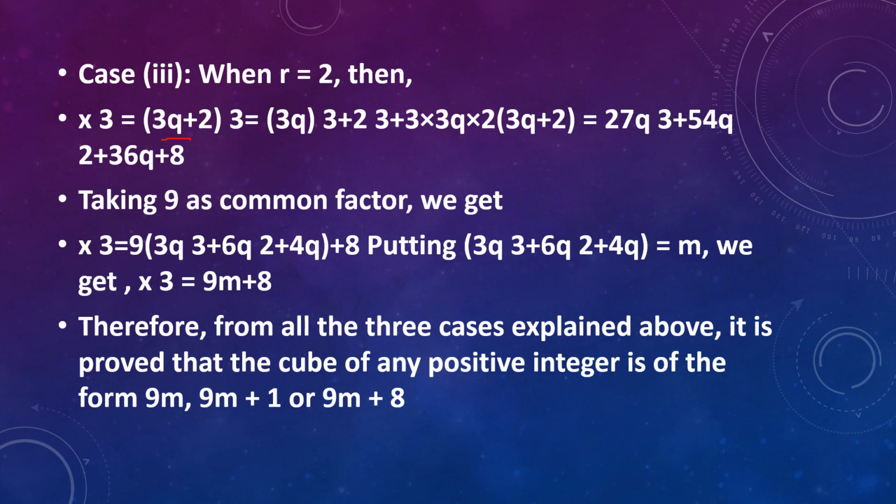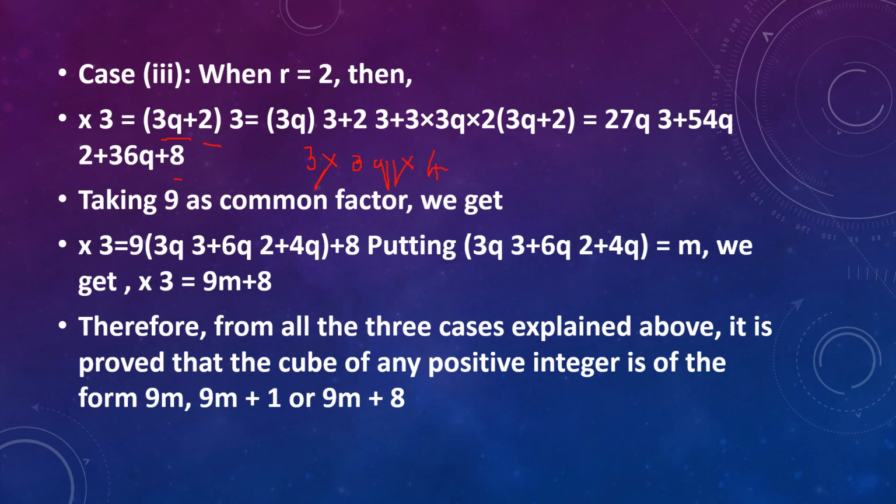Then 3 into 3q into 2 square, which is 4, so 3 into 3 is 9, 9 into 4 is 36q, and then 2 cubed is 2 multiplied 3 times, which is 8.